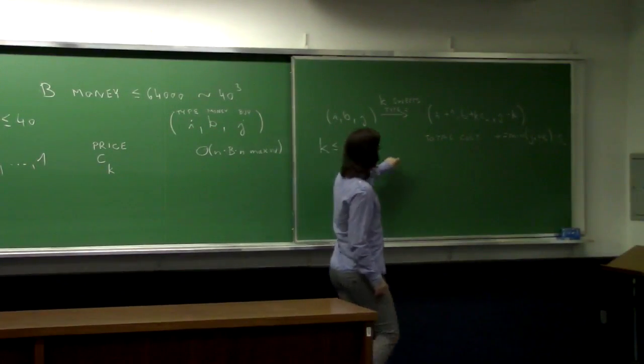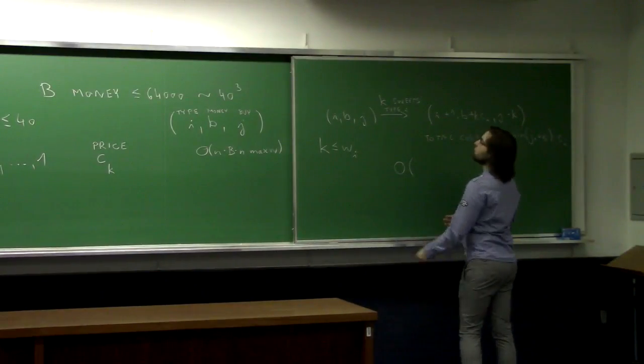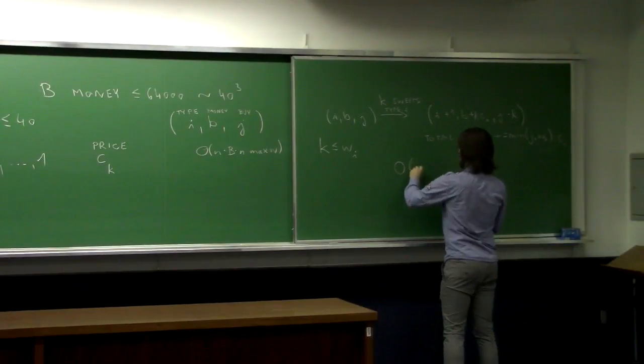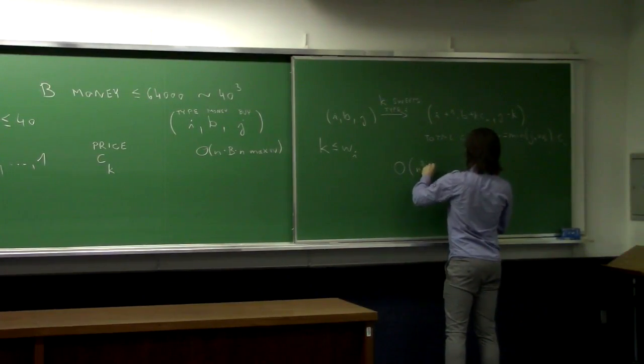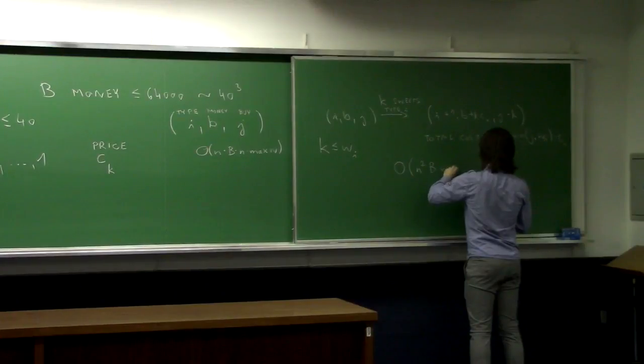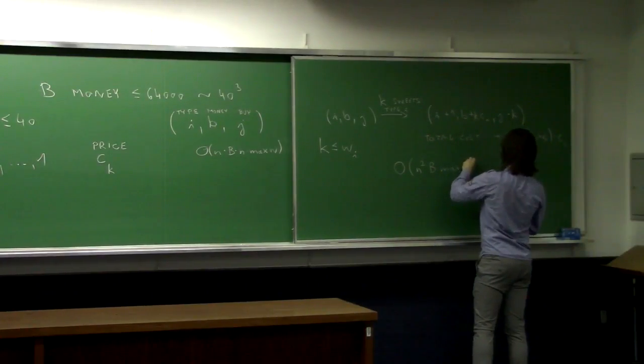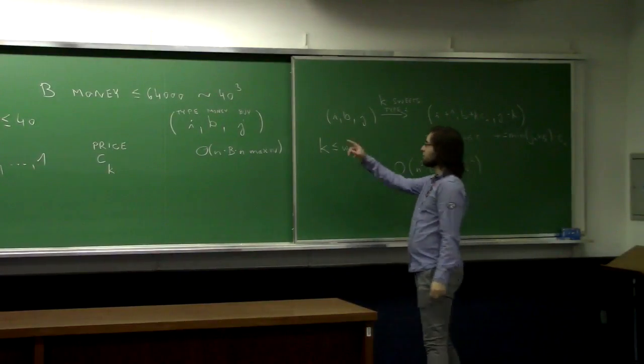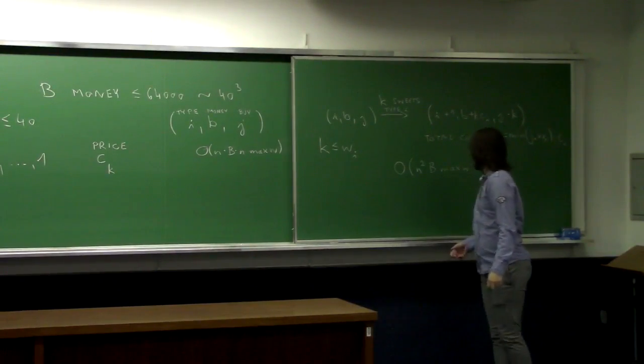So the time complexity of this is O number of states times max W, n squared B max W squared. And since B is kind of large, this can be slow.